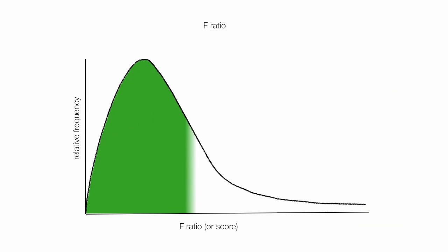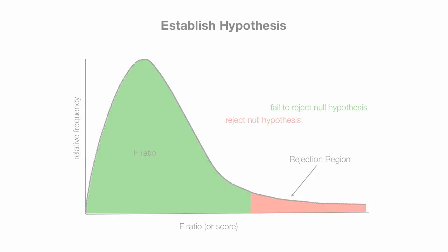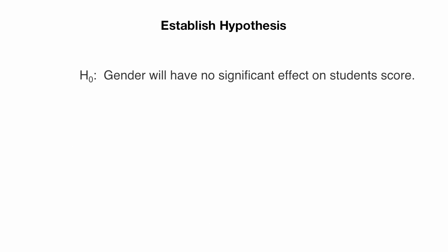I'm also going to show you how to interpret the results, how to come up with a rejection region. If the F ratio is in the red area, we reject the null hypothesis. If it's in the green area, we fail to reject the null hypothesis. The first hypothesis we're going to test is gender will have no significant effect on student score.